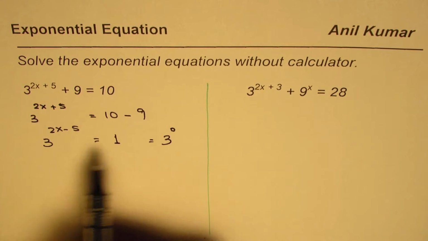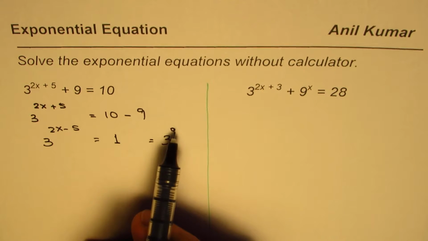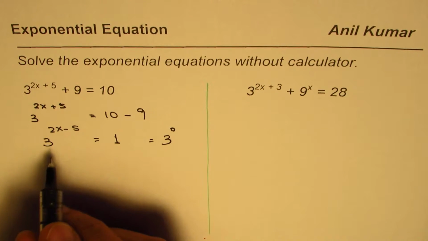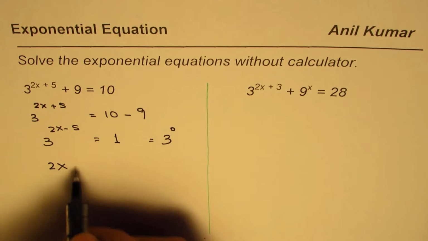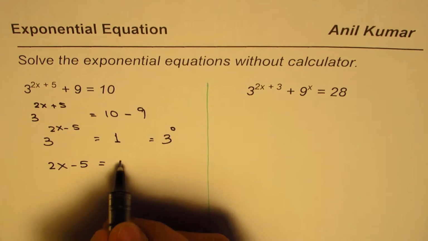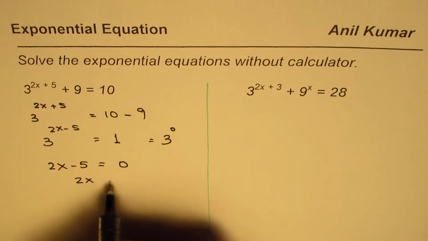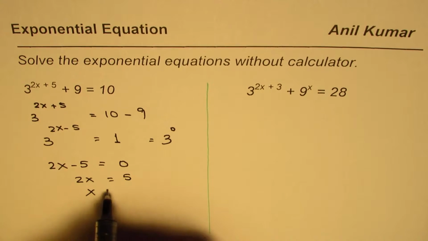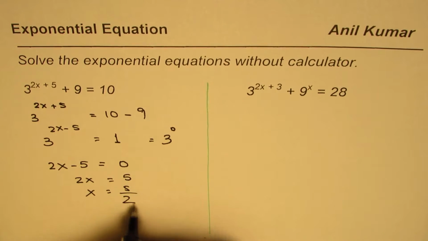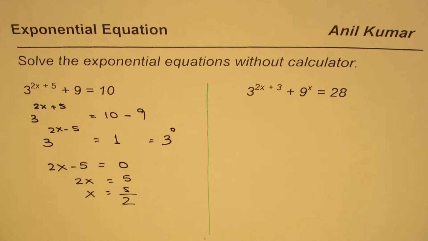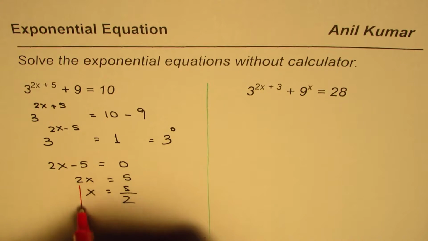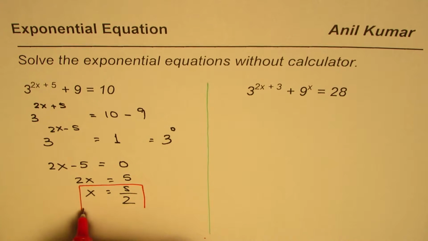Now, once you have the same base, you can compare the exponents. They should be the same also. So 2x plus 5 is equal to 0. 2x equals minus 5. x equals minus 5 divided by 2. So that becomes the solution for our first equation. Right? So we could easily do it without a calculator.